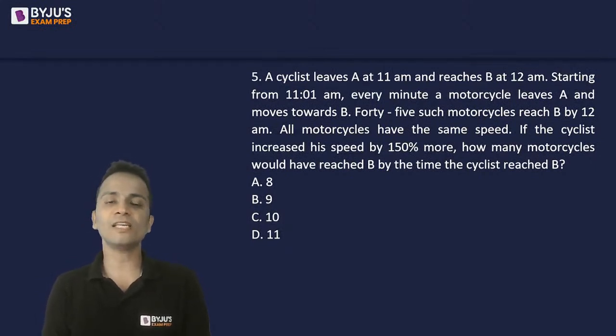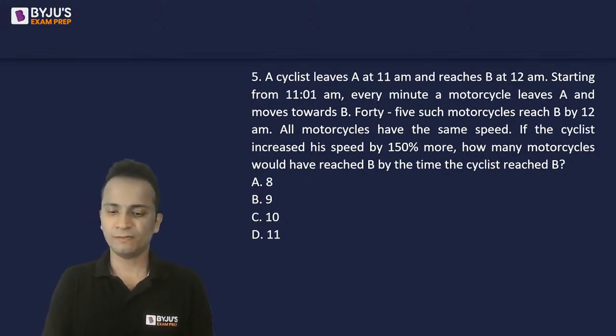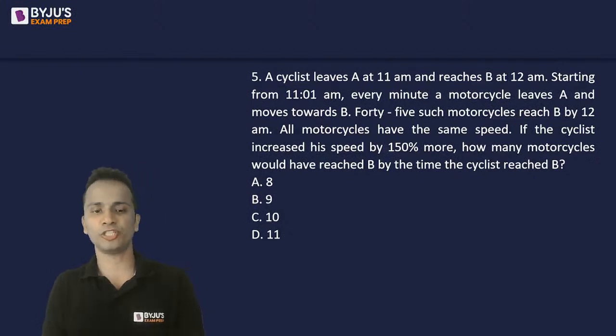If the cyclist increased his speed by 150 percent, then how many motorcycles would have reached B by the time the cyclist reached B? A very, very logical question.